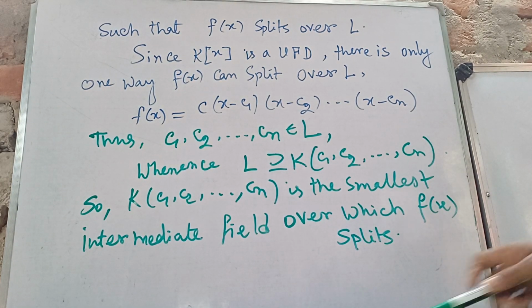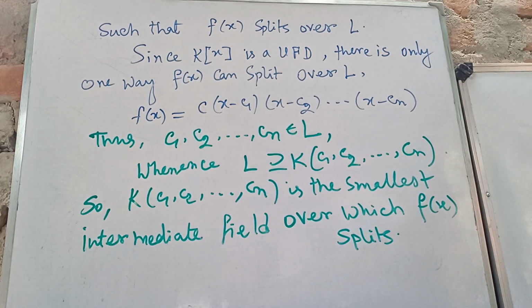So we also see that if K is a field and f(x) is a polynomial of degree n, and F is a field extension of K, and f(x) equals c multiplied by (x - c1)(x - c2)...(x - cn) in F[x], then K(c1, c2, ..., cn) is a splitting field for f(x) over K, because this one is the smallest intermediate field over which f(x) splits.